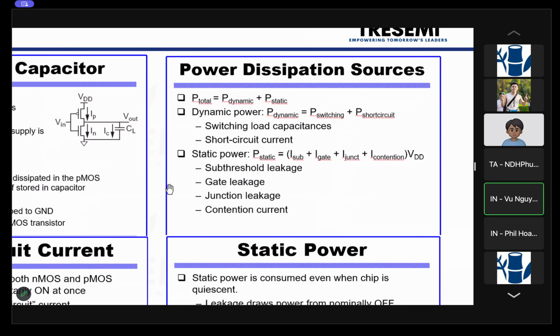So at a higher temperature, the leakage current goes up very, very high, especially for the latest and greatest technology nodes, like 22 nanometer, 10 nanometer, 5 nanometer. The leakage current is very, very high. And sometimes at a high temperature, the leakage current is even higher than the dynamic current.